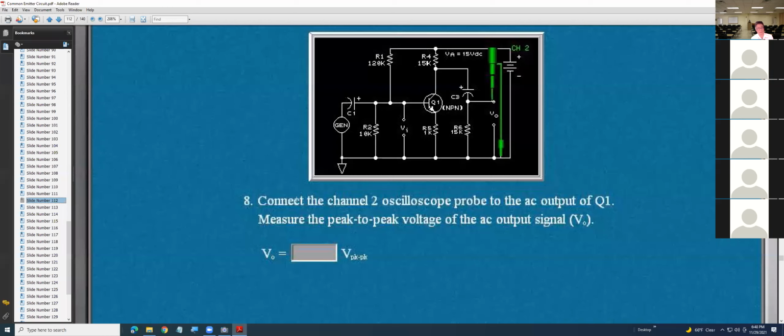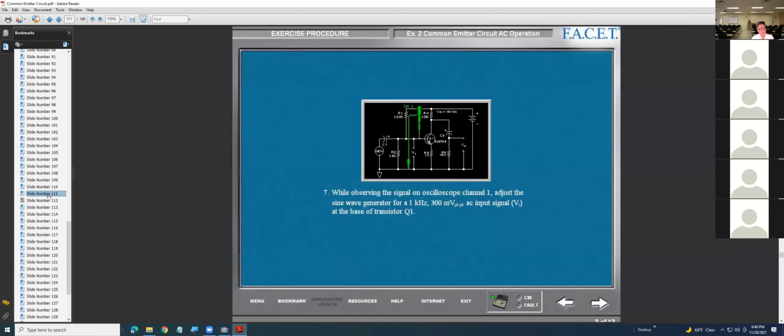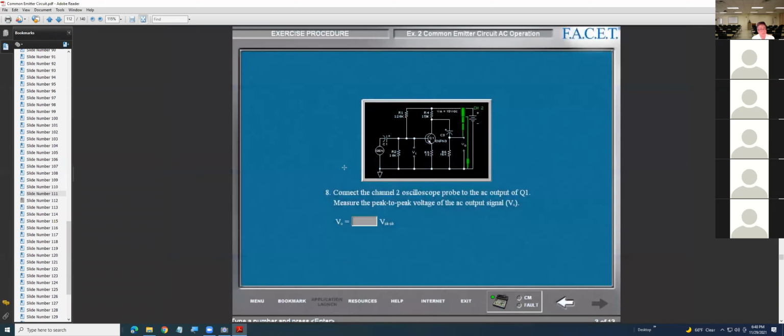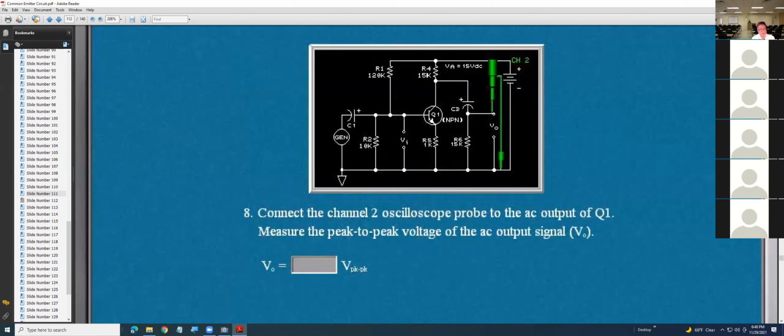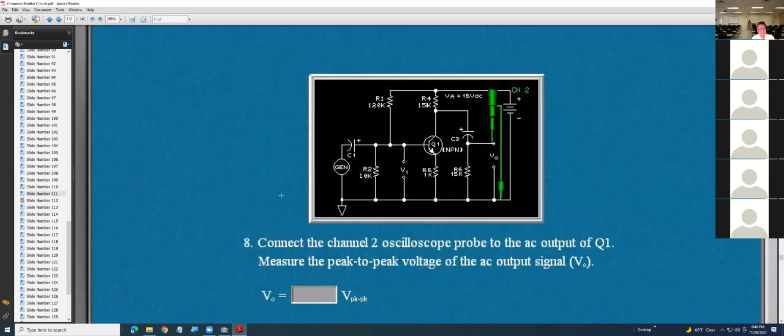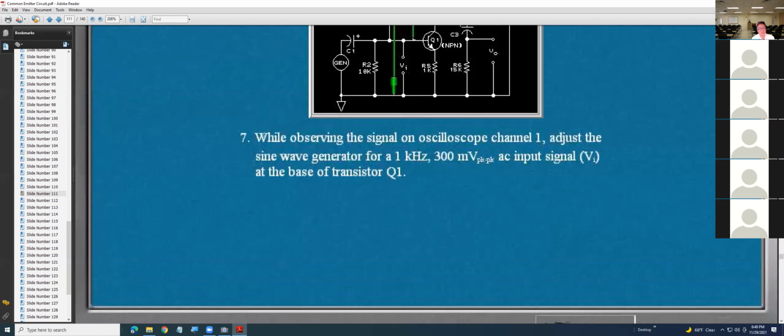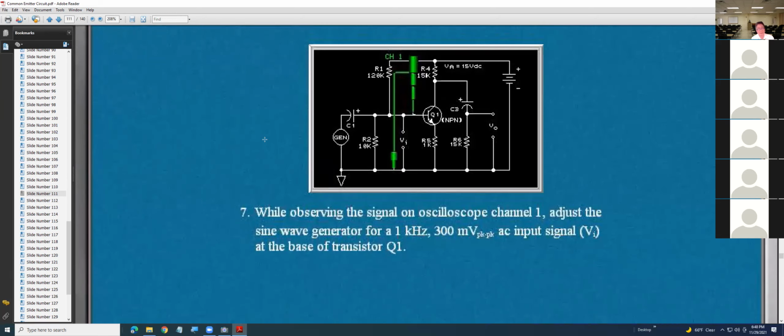So we already helped you. The only thing I want to emphasize here is that a lot of people get a problem here. They want a voltage of 300 millivolt.